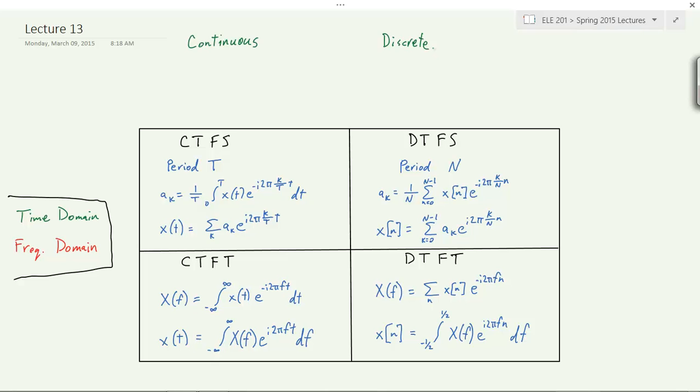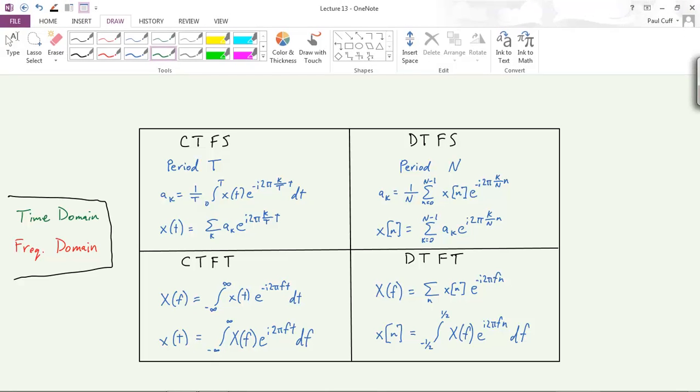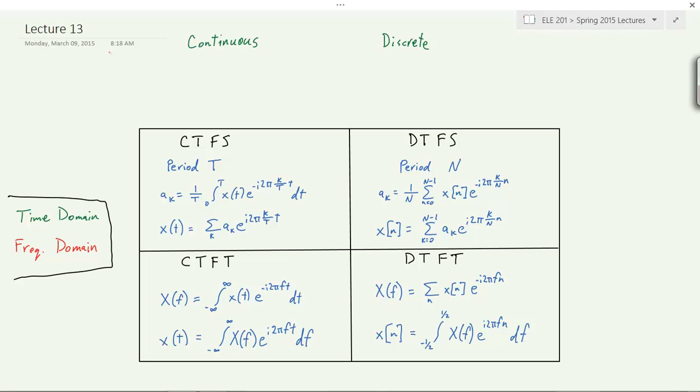Now, in the frequency domain, we notice something interesting for the discrete time Fourier series and the discrete time Fourier transform. For both of those, it's actually periodic in frequency. You remember we noticed it was periodic because of this property of aliasing, right? And that only happened in discrete time that we had aliasing, so that the frequencies would be periodic.